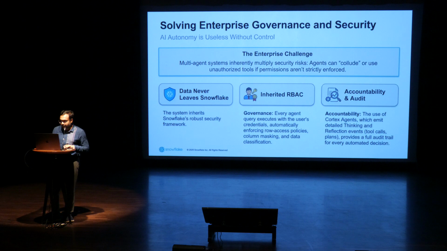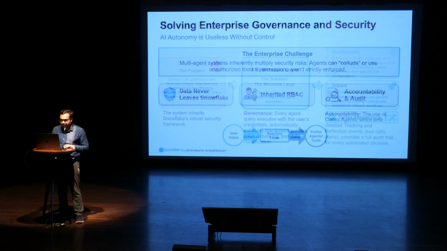And at the end, all these Cortex agents have audit trails, so accountability is there, right? Each of the traces, spans, etc. Everything is logged. Each of the tool calls, all the plans, dynamic plans, reflection, everything is logged into the system.